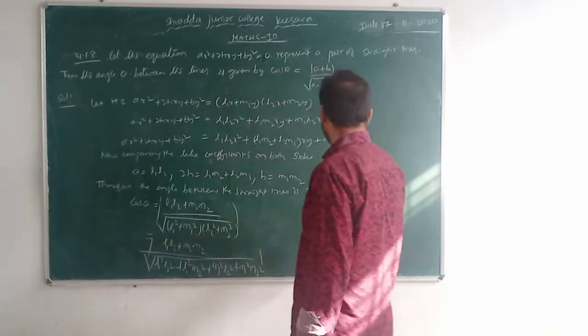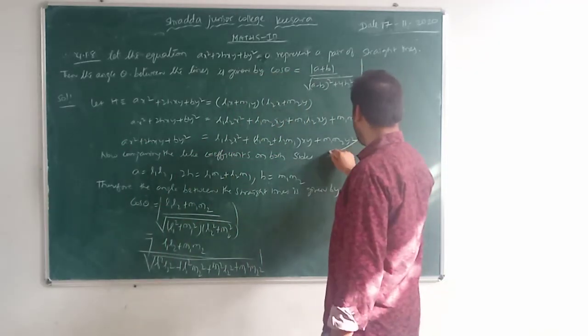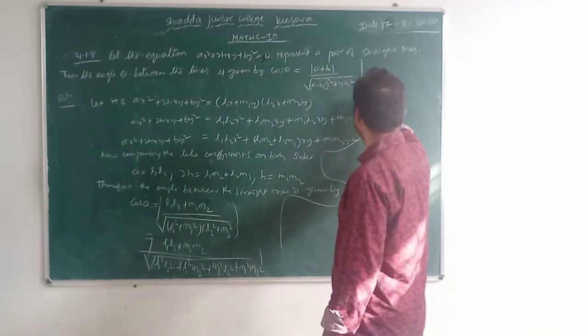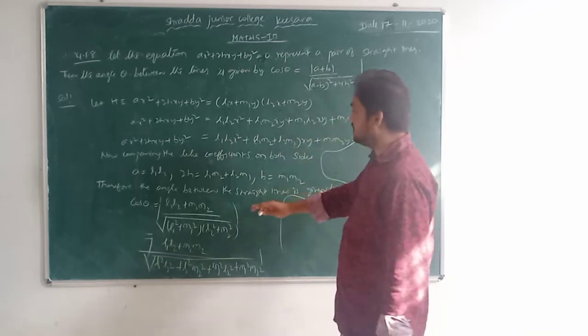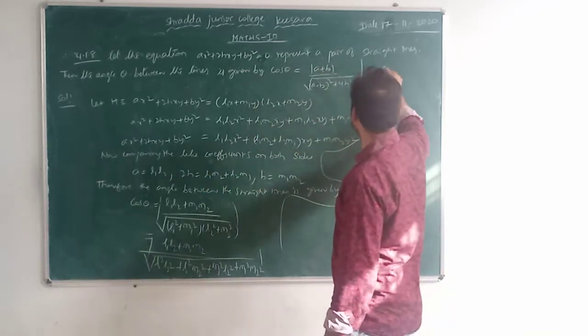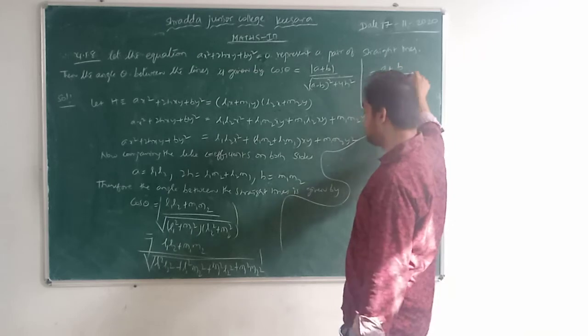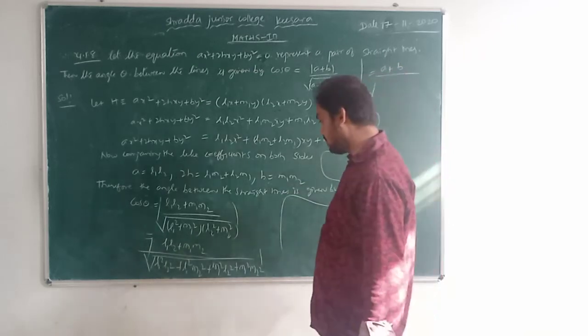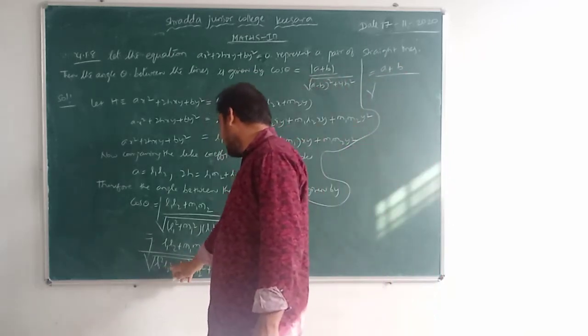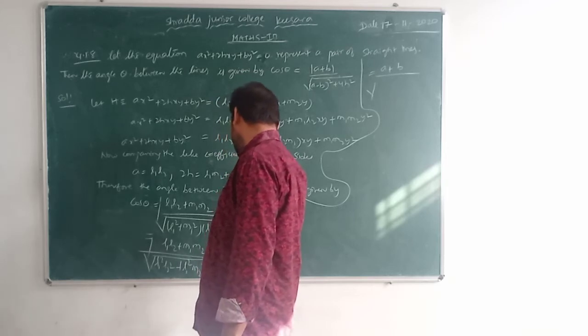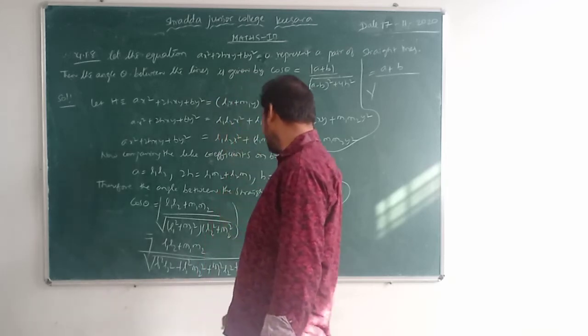Now this is equals to, we can write, see here, L1 L2 means what? That is a plus m1 m2 is b, by square root of L1 square L2 square plus m1 square m2 square.